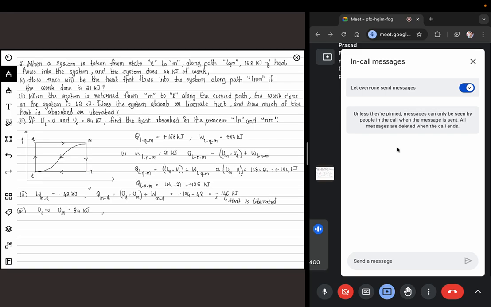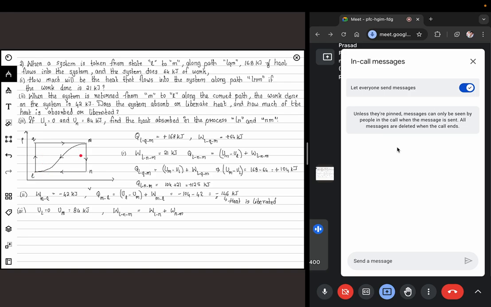So we can write W_LNM to be W_LN plus W_NM. The net work done in a PV diagram, as we have defined previously, is the integral of P dV, which is the area under the curve.